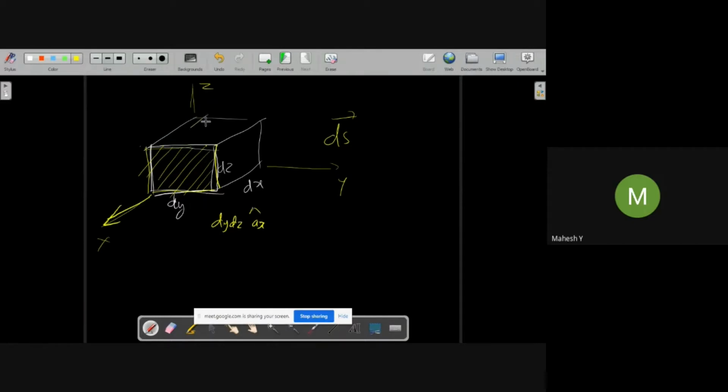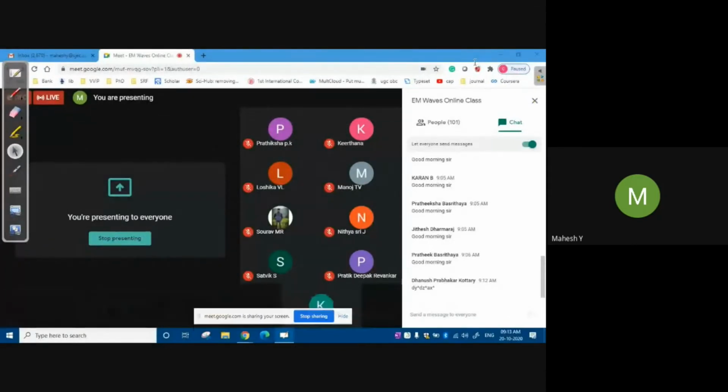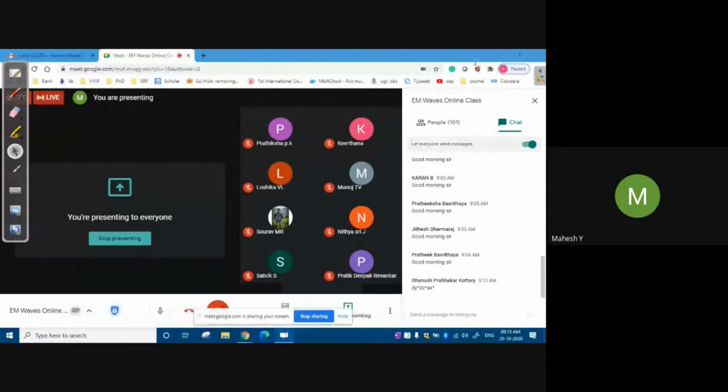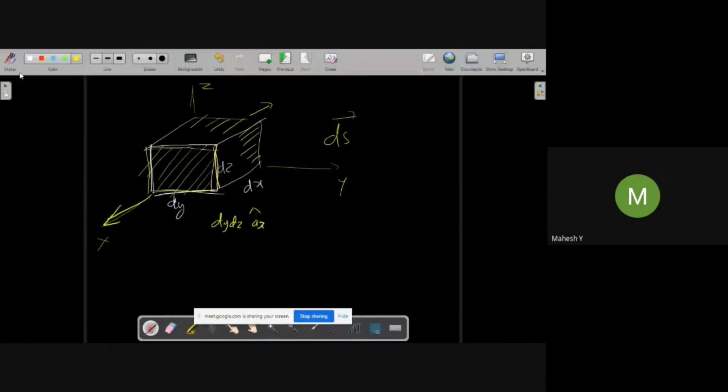Okay, so for the back surface, what will be the value? What is the expression for dS in the back surface? This direction.